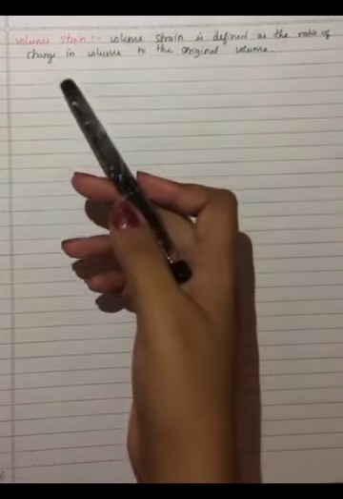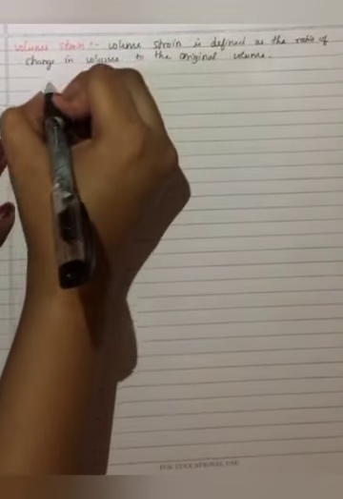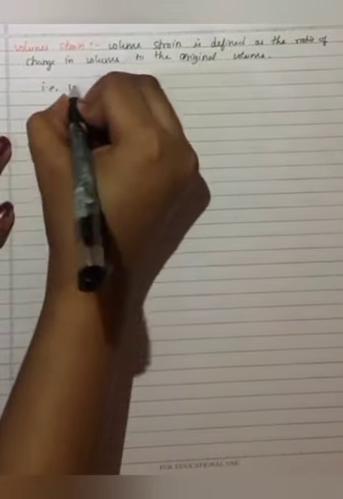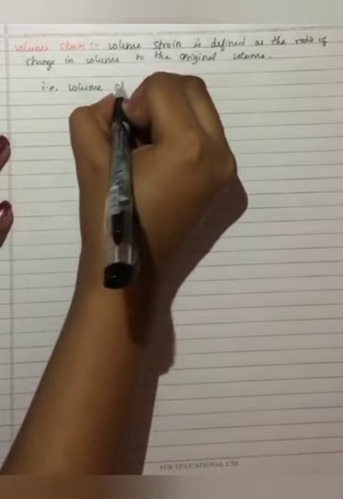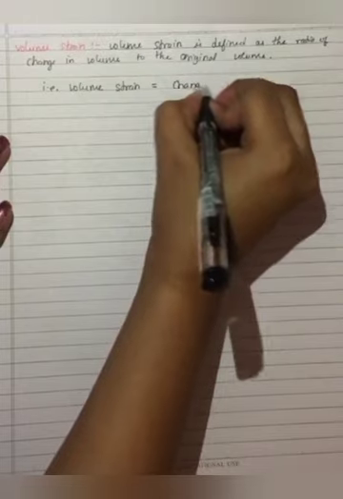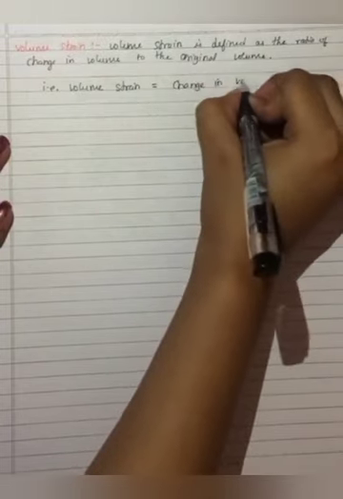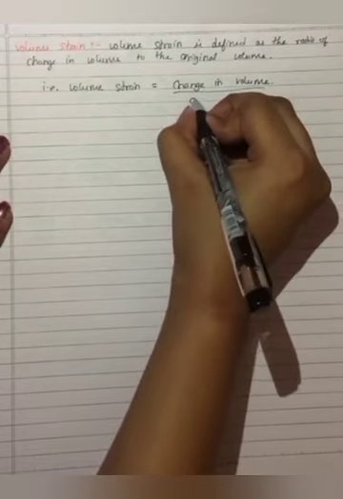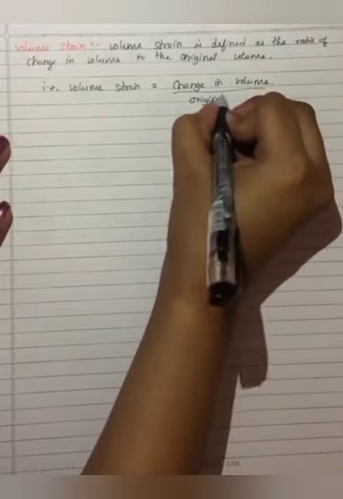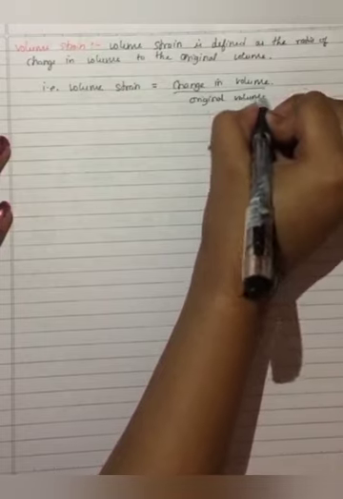Now volume strain. Volume strain is defined as the ratio of change in volume to the original volume. That is, volume strain is equal to change in volume to the original volume.